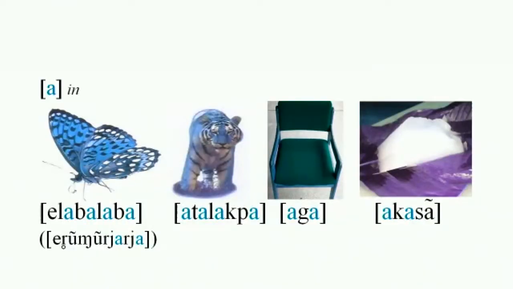The labalaba in Edo is also called a humudialia. Then it is also found in Atalapa. You have it in Aga and then in Akasan. There are many words like that.